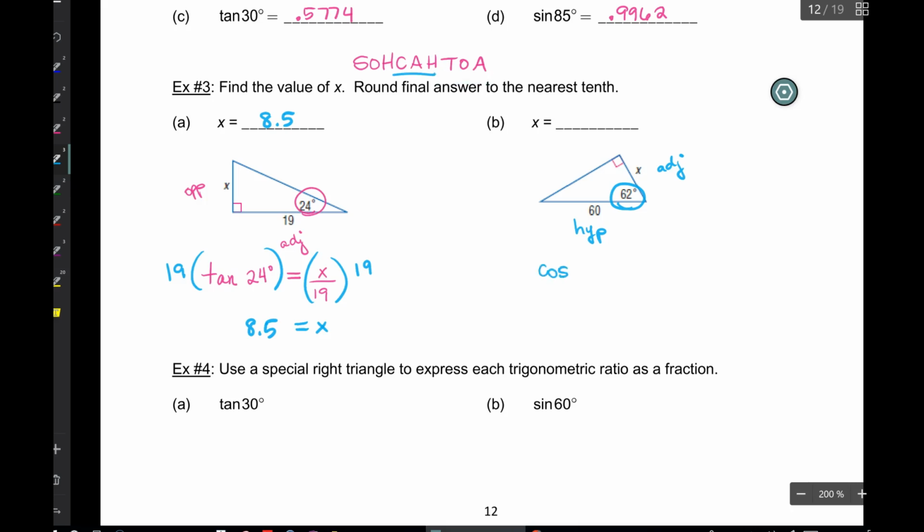So we're going to write cosine of the angle, so that's 62 degrees, equals adjacent over hypotenuse. So we're going to multiply both sides by 60. Type that into your calculator, so do 60 times the cosine of 62, and we get 28.2 for x.